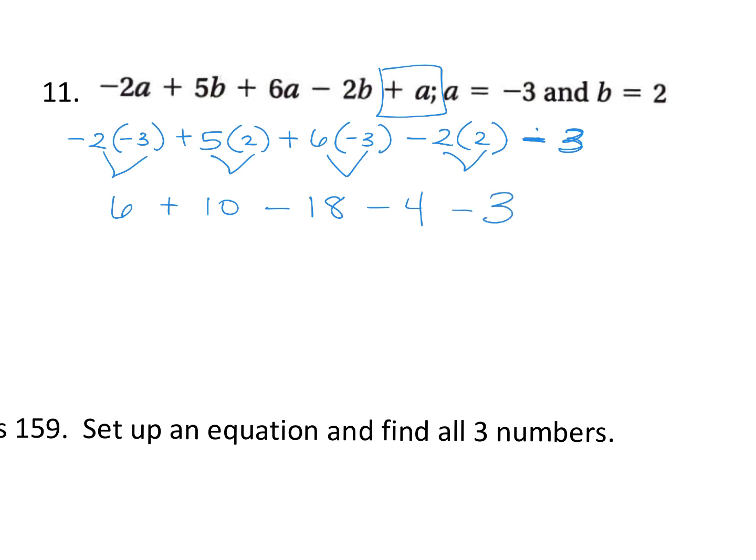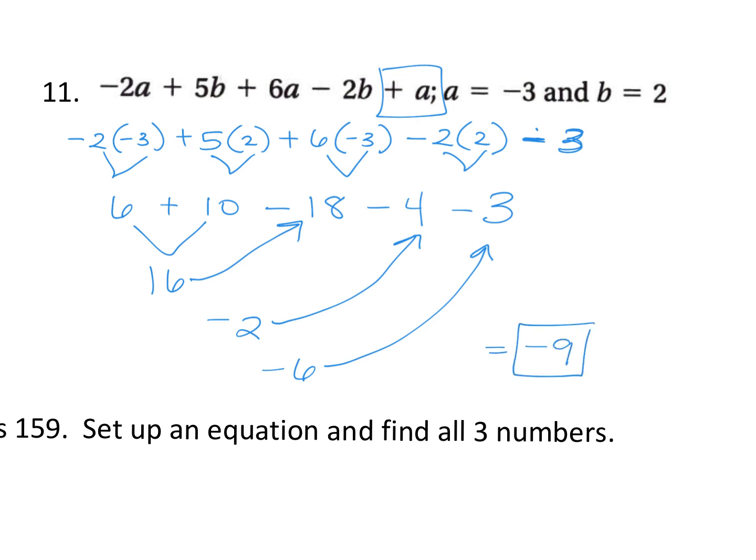Here's your setup. Work left to right. So 16 minus 18 is going to get you negative 2. Negative 2 minus 4 is going to get you negative 6. And then negative 6 minus 3 is a negative 9.